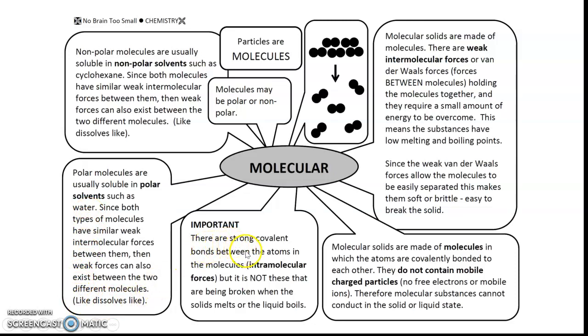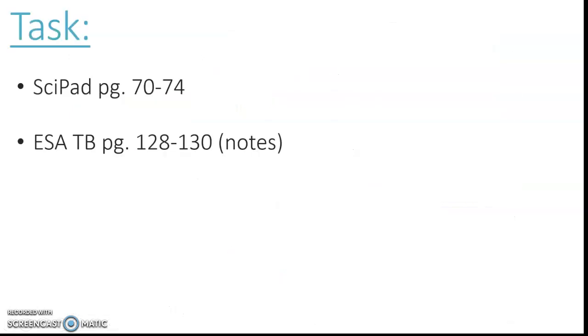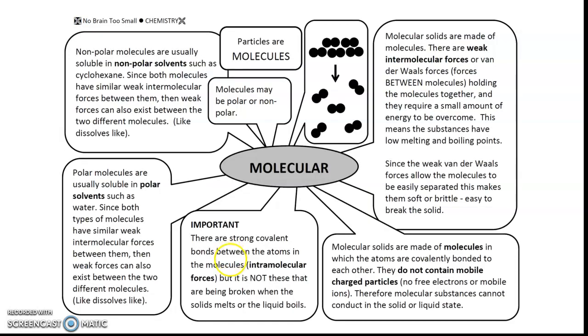The forces between the atoms, the intramolecular forces, are strong. That's a strong covalent bond, the sharing of electrons holding the two atoms together. But it's not those forces that are broken when the solid melts or the liquid boils. What is broken is the weak intermolecular forces, the forces between molecules.